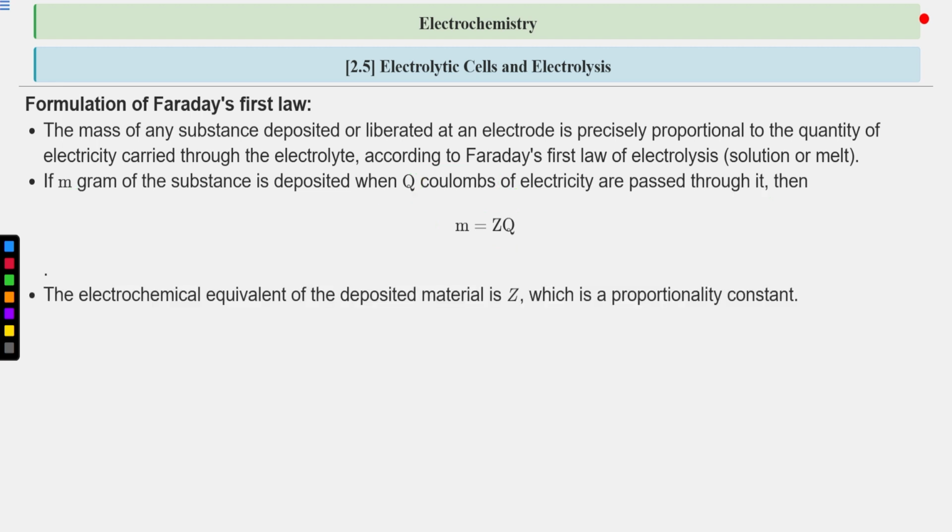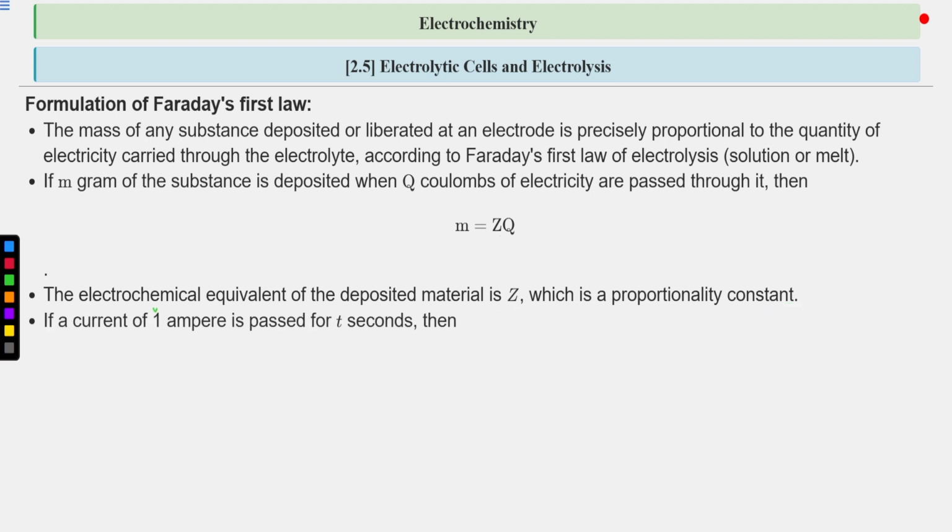The electrochemical equivalent of the deposited material is Z, which is the proportionality constant in this equation.